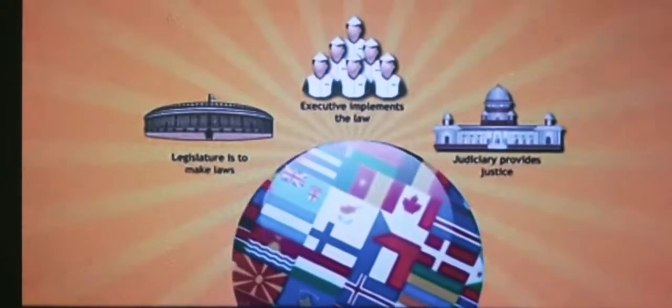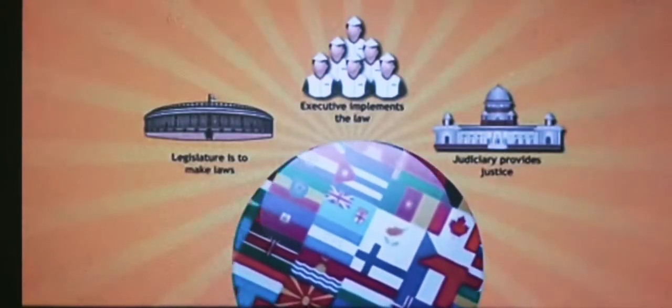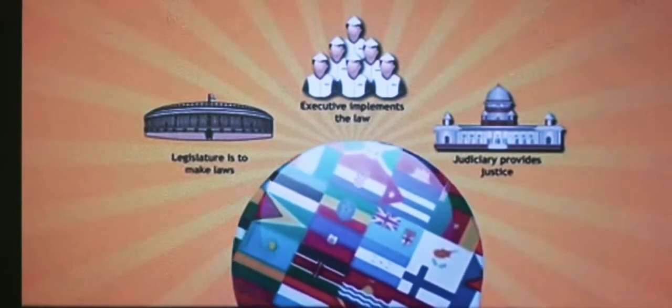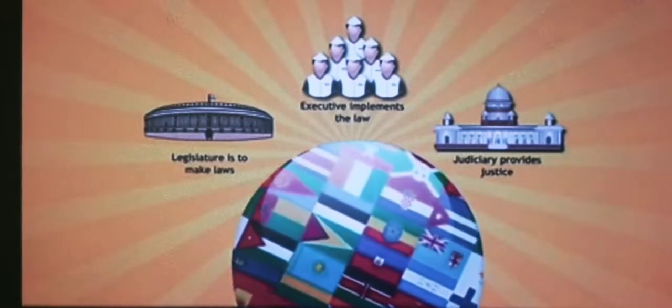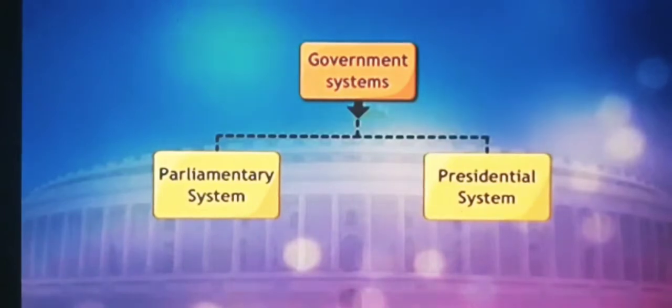It is this interrelationship that determines the system of government adopted in a particular country. There are two main types of government system that are followed: parliamentary system and presidential system.